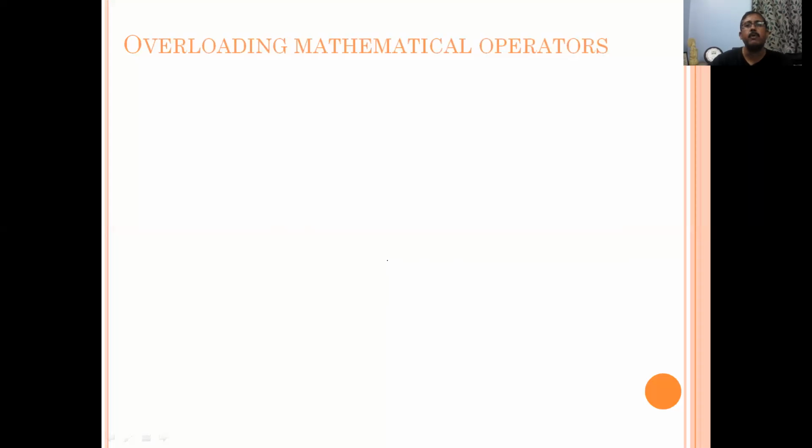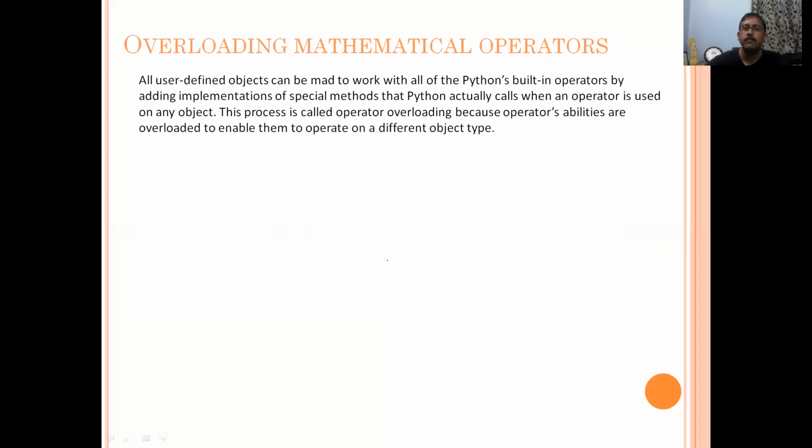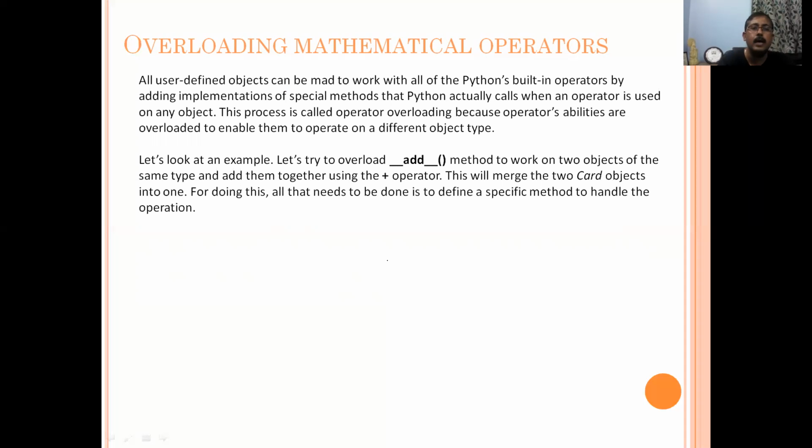This is another very important thing in Python. And how do we do that? Very, very simple way to do it. First of all, what is overloading? We know it. For the normal Python classes or normal Python types, you already have the plus operator, you have the minus operator.